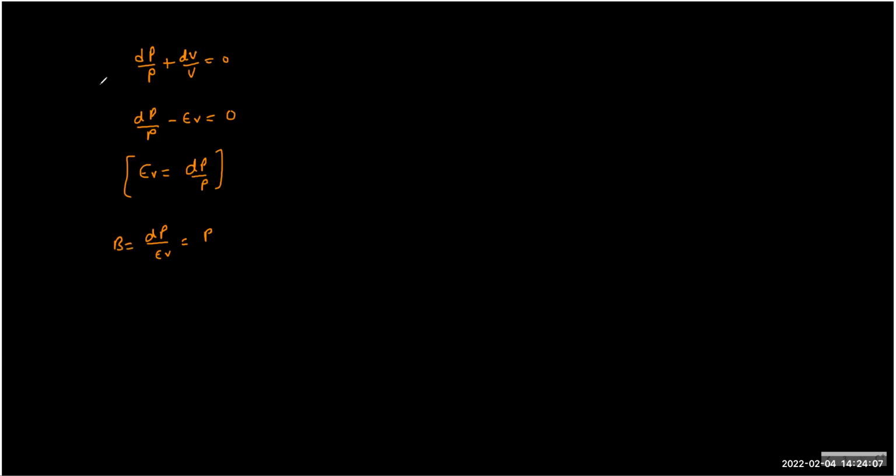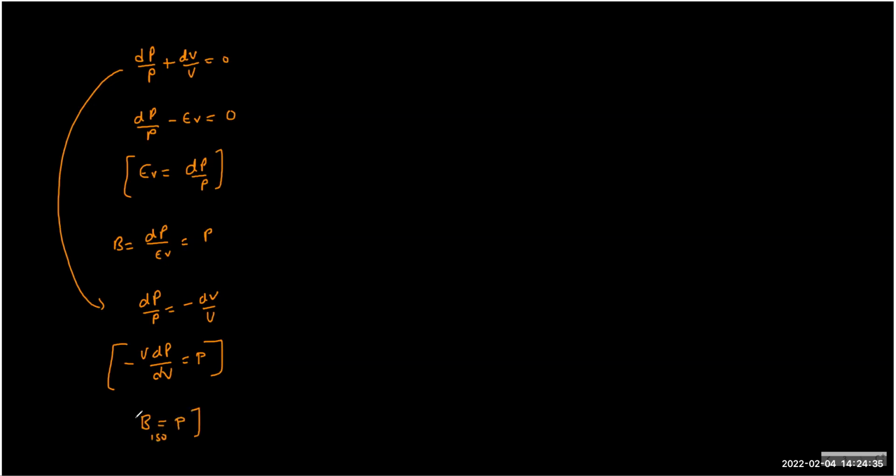So you can write from here: dP by P equals minus dV by V. So V dP by dV equals P, which means the pressure of the gas itself is the bulk modulus if the gas undergoes the isothermal process. So B isothermal is equal to P, but this P represents the equilibrium pressure of the gas.